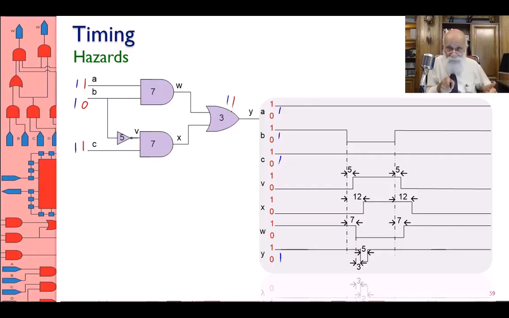But considering these delays, let's see what really happens. At one point, B changes from 1 to 0. So I still have a 1 here, this changed to 0, and C remains a 1.